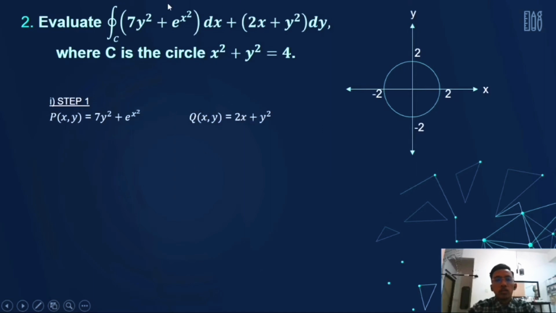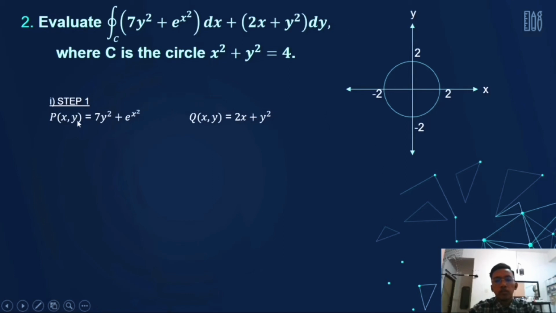After that, from this equation, we can take out the P function and Q function. The P function is 7y squared plus e to the power of x squared, and the Q function is 2x plus y squared.